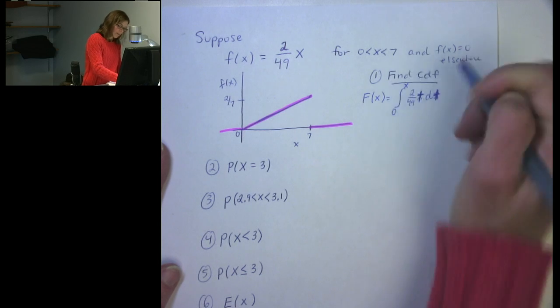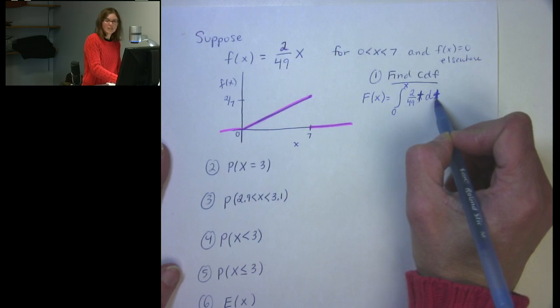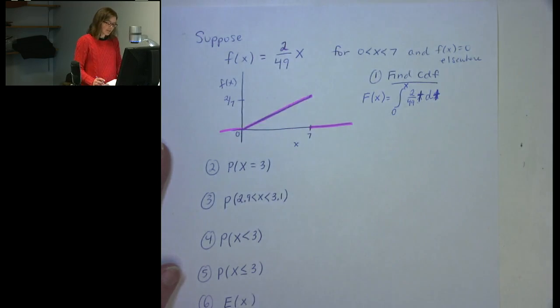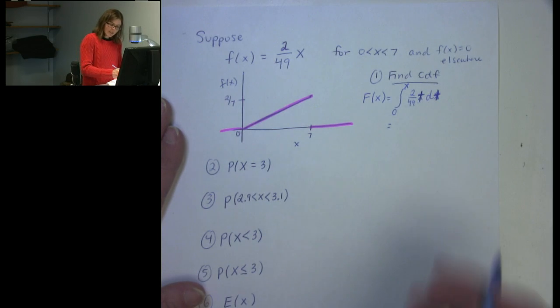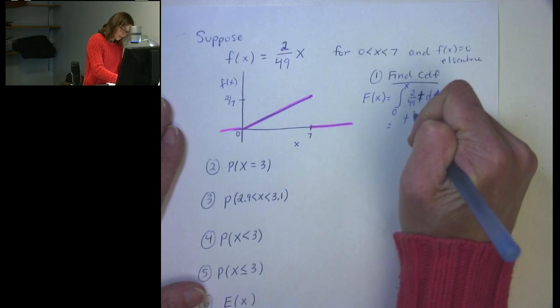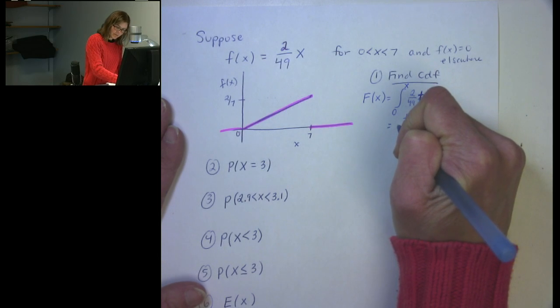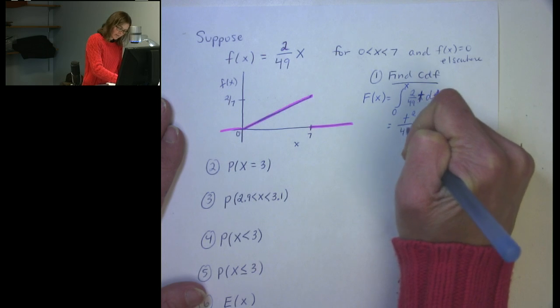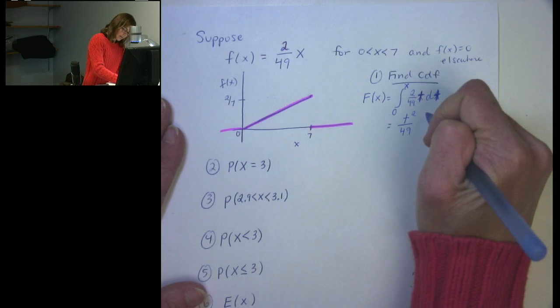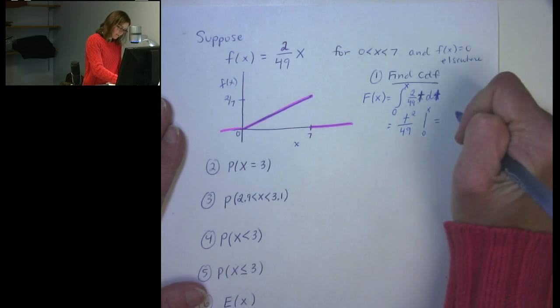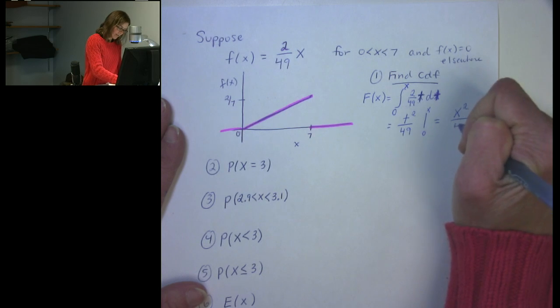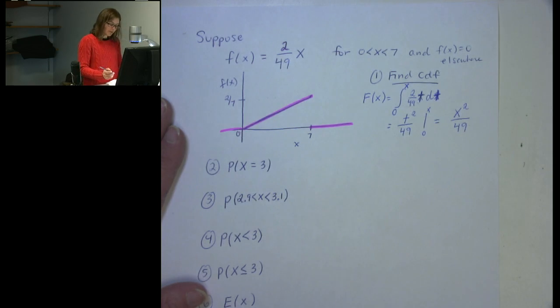So I'm writing my probability density function with a t in place of the x and integrating with respect to t, just to make my notation a little less confusing later on when I start substituting x in there. So this is going to give me t squared over 49, and I'm going to evaluate it, which gives me x squared over 49 as my cumulative distribution function.